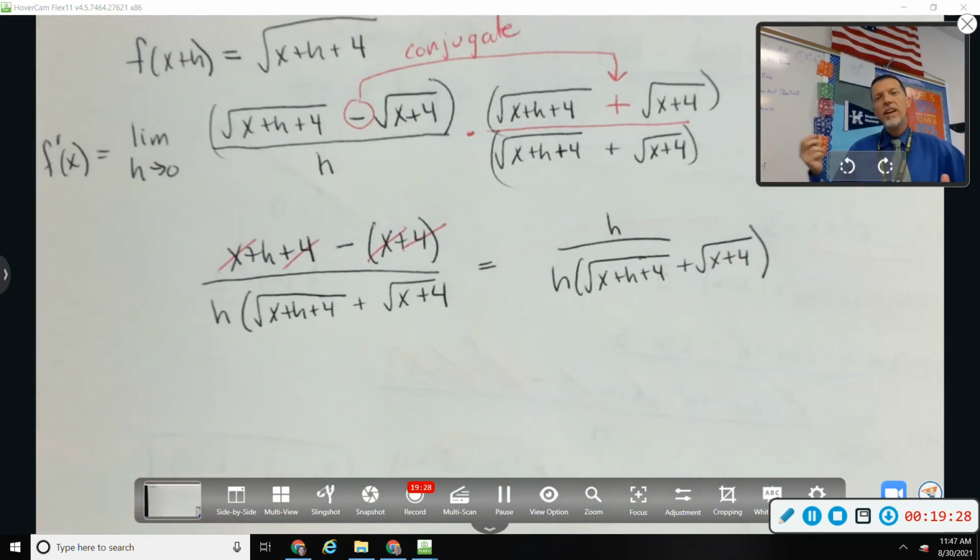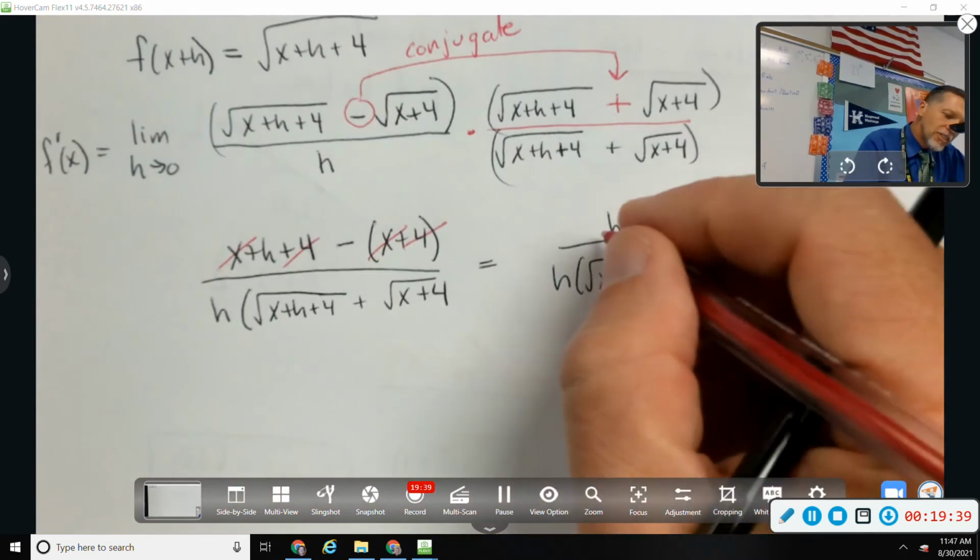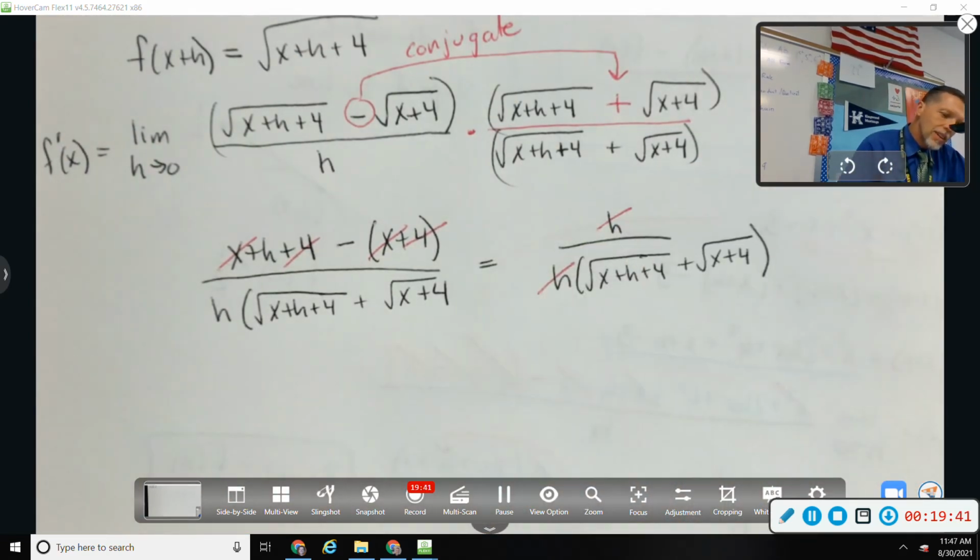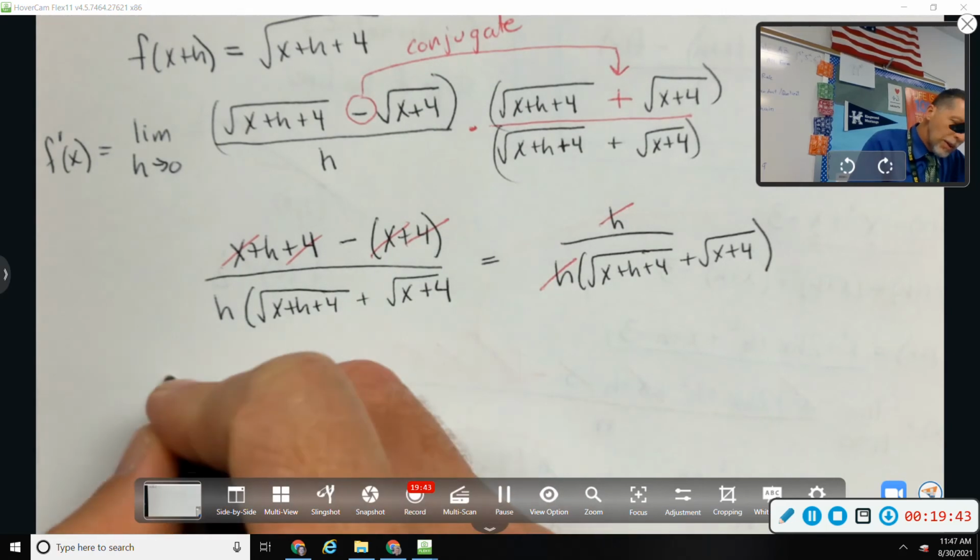H's cancel. You kind of start to get the hang of these. Like the algebra looks awful to begin with, and as you start to simplify, it's like, oh, all this stuff starts going away. That's kind of nice. I better put my limit back on there before I forget.